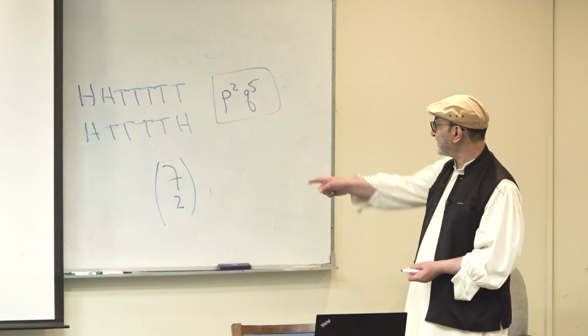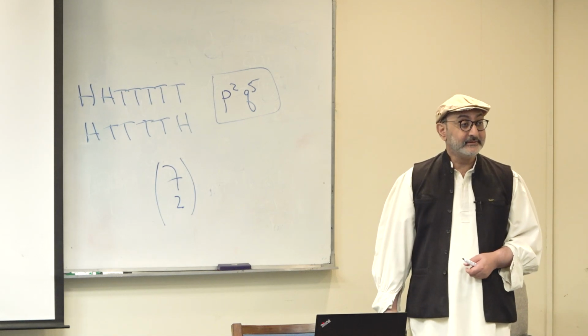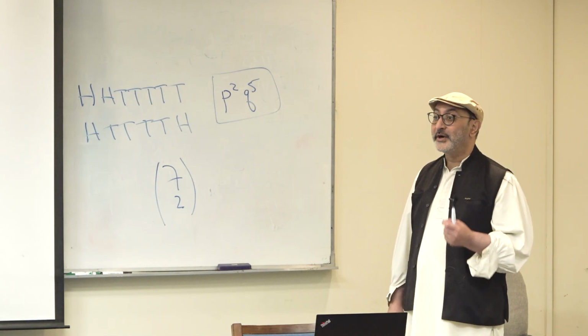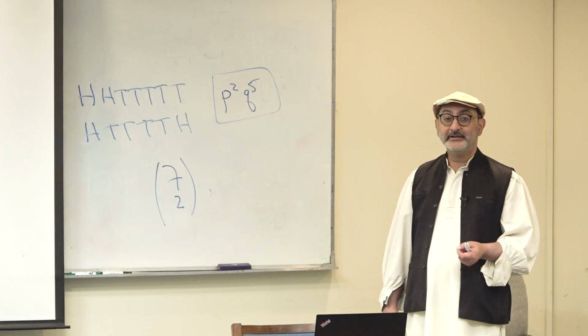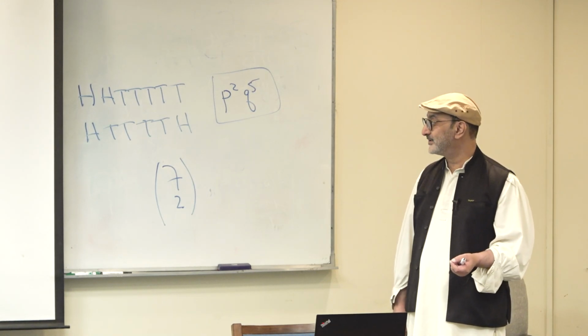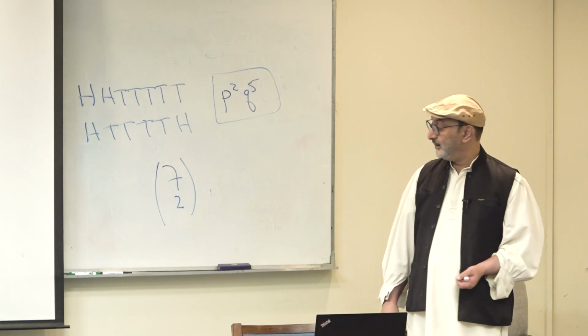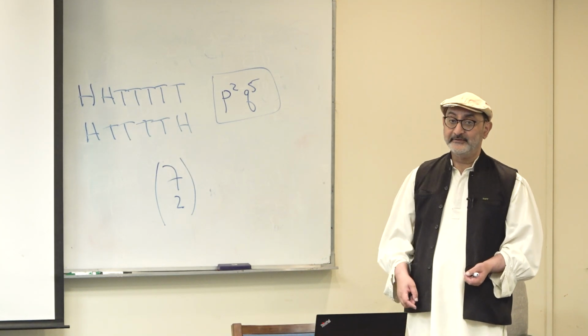Each one of them has the same probability of happening, P squared Q to the 5. So what's the probability of flipping a fair coin 7 times and getting 2 h's and 5 t's?